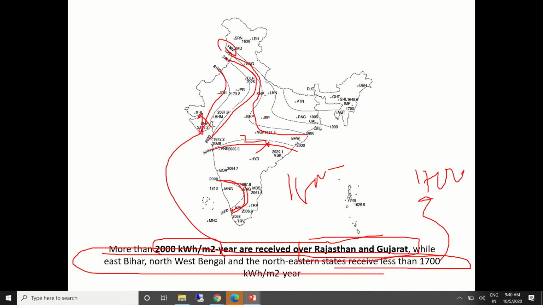That means the country has huge potential for solar energy conversion, so we can make use of this as well. In fact, we are doing it. The government of India has been making its best effort for a very long time to promote the use of solar panels in buildings.